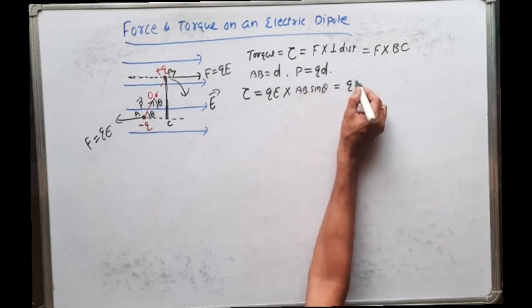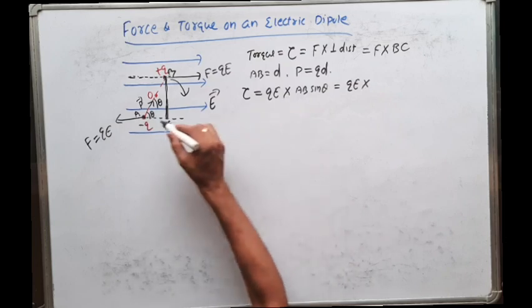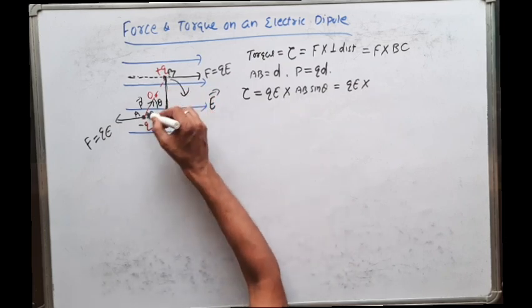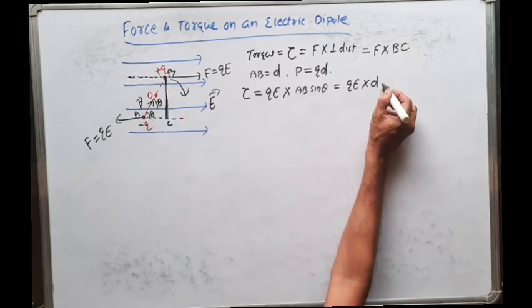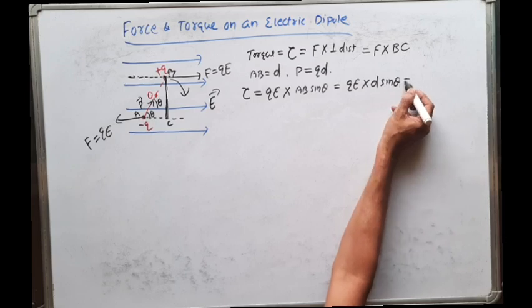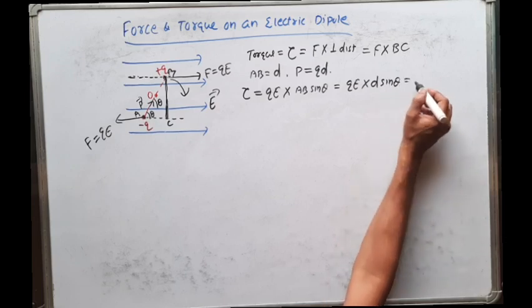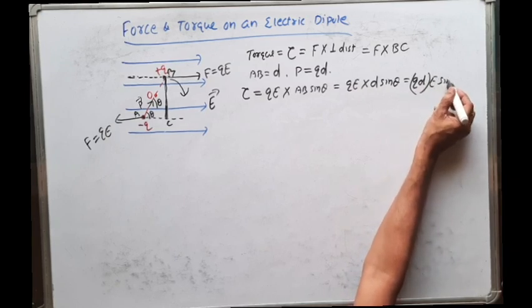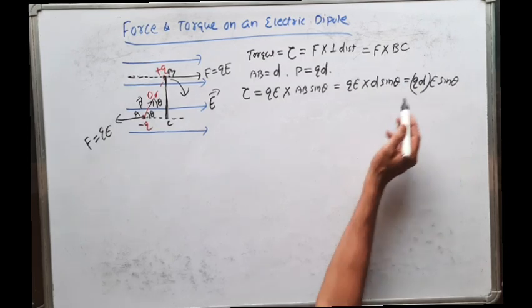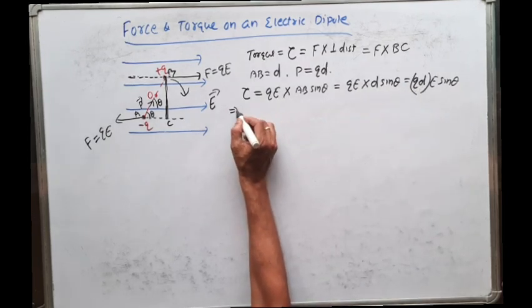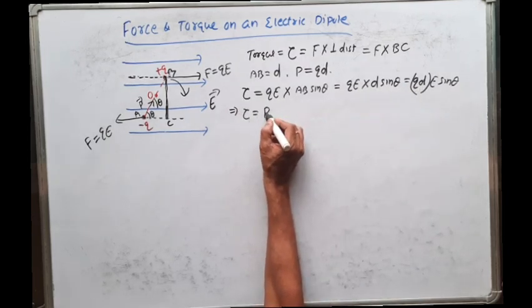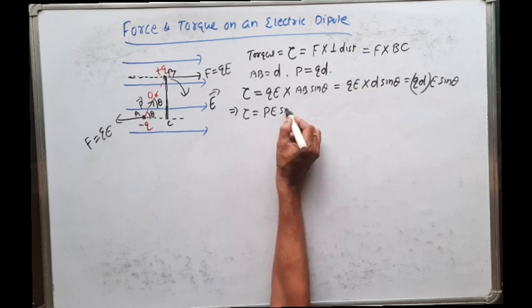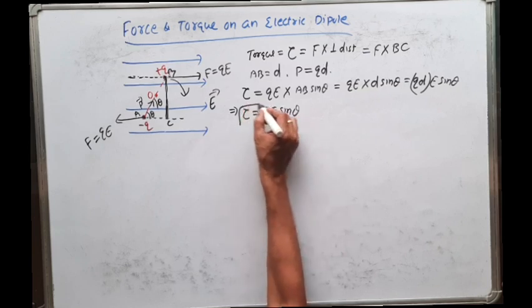So that is equal to qE into AB, the dipole distance, that is d sin theta. That is equal to qd into E into sin theta. So qd is nothing but the dipole moment, that is p. So pE sin theta is the torque value.